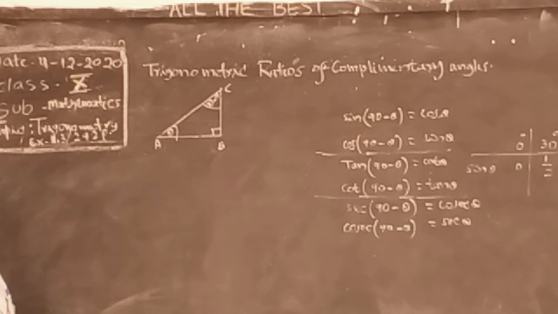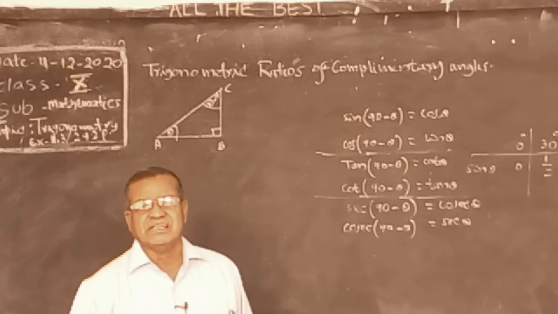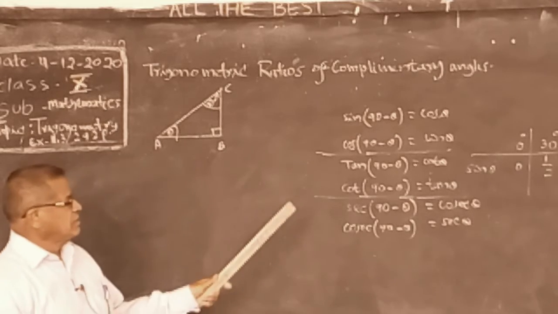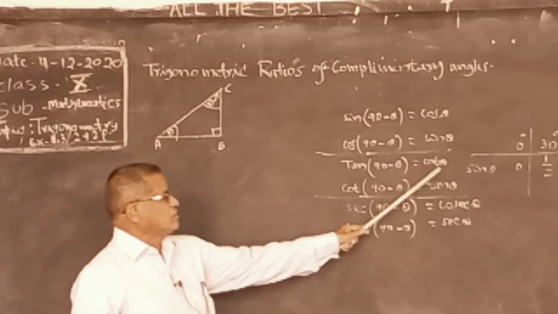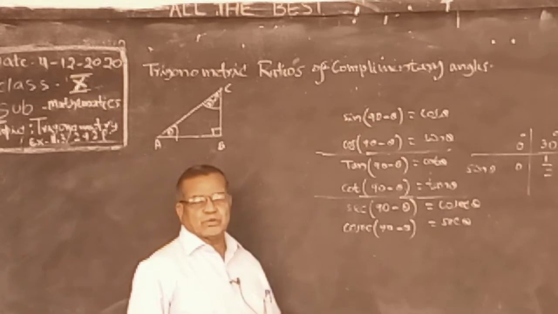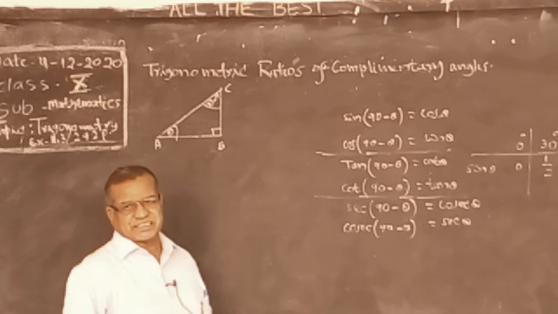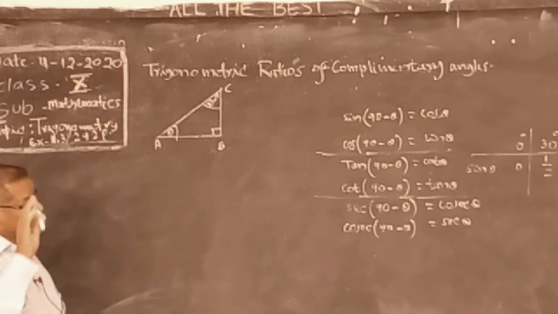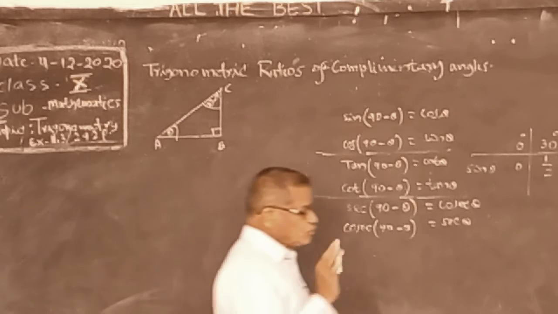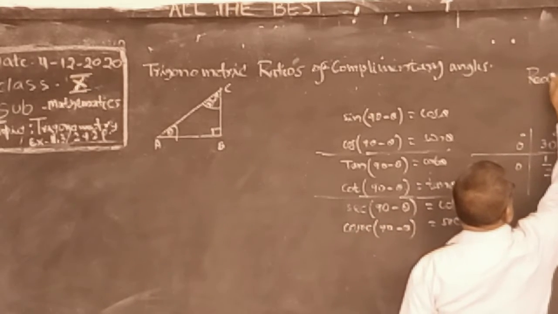Sin 90 minus theta is cos theta, cos 90 minus theta is sin theta, tan 90 minus theta is cot theta, sec 90 minus theta is cosec theta, cosec 90 minus theta is sec theta. But reciprocals are different. Don't confuse reciprocals.